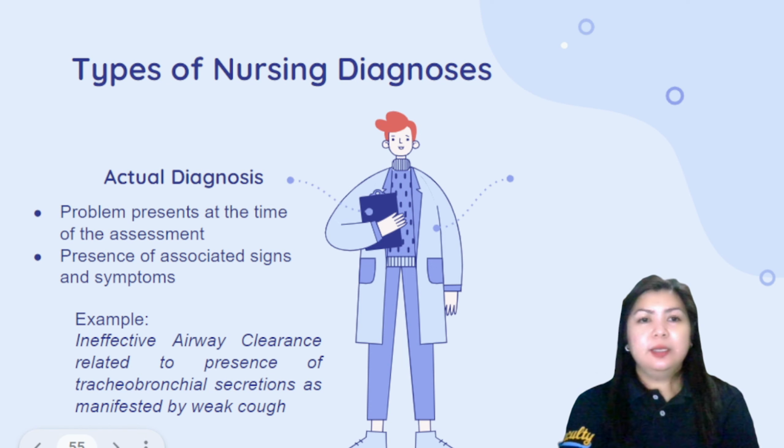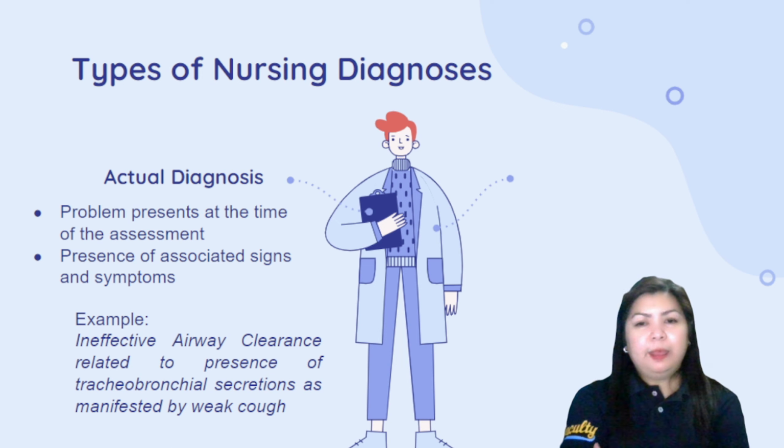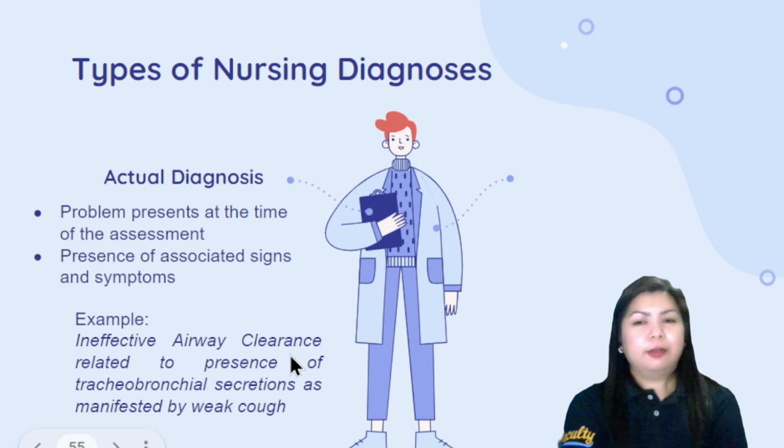To start with, the different types of diagnosis. Number one, as we had mentioned, the existing problem at the time that you were able to assess. The signs and symptoms that you were able to see tell you that there is an actual problem existing at the moment. An example: ineffective airway clearance related to presence of tracheobronchial secretions as manifested by weak cough.